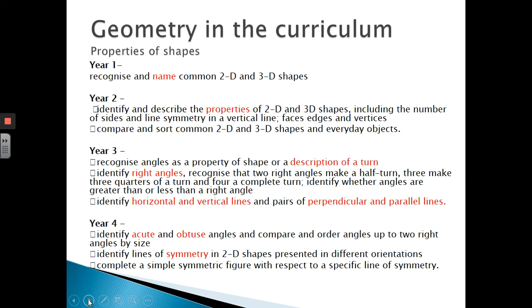So in relation to your year group, this is the progression in relation to properties of shape. If you're teaching Year 3, it might be helpful to look at Year 2 and Year 4 as well, just to get a sense of where they're moving towards.